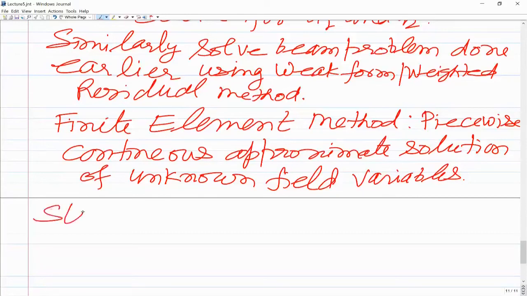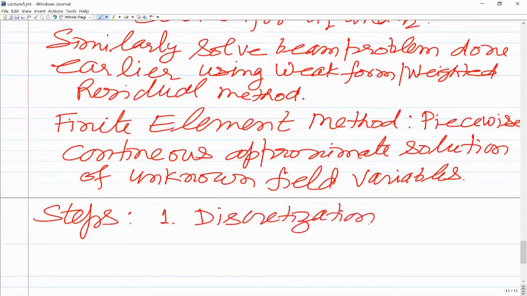Now if I write the steps involved in the finite element analysis, step number one is the discretization of domain. For 1D, the domain is just a line or a curve.